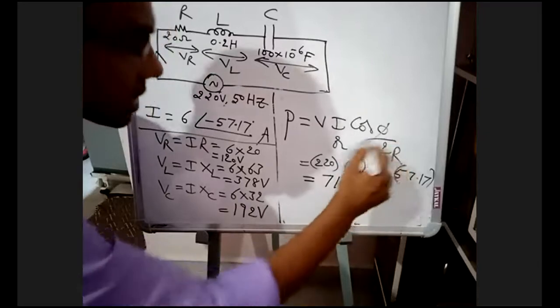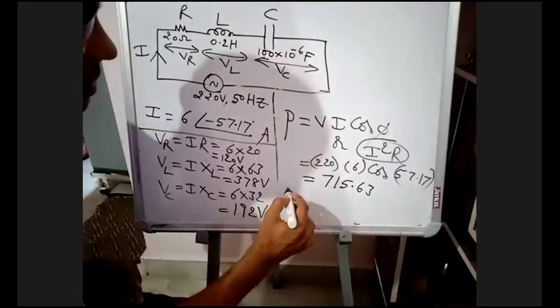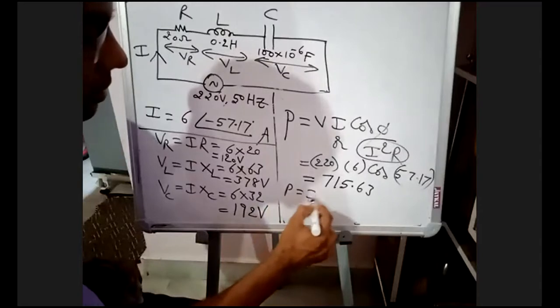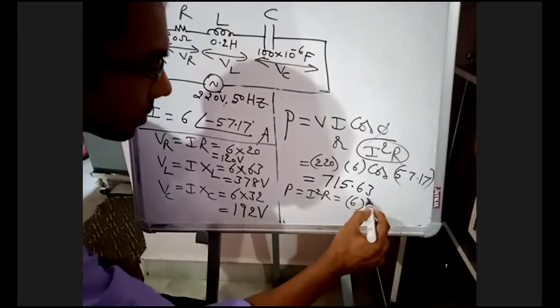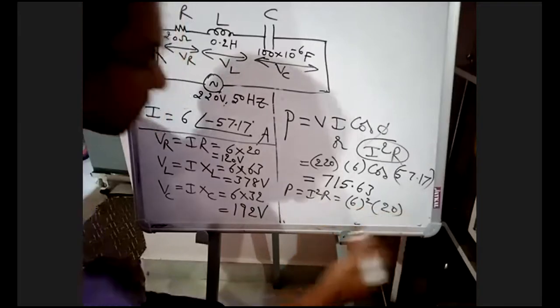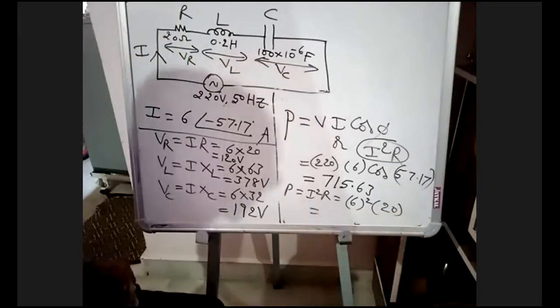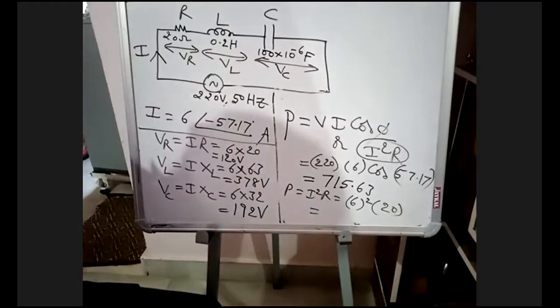Are you getting the same answer with this formula, I square R? I square is 6 square, R is 20. Verify it. 720.